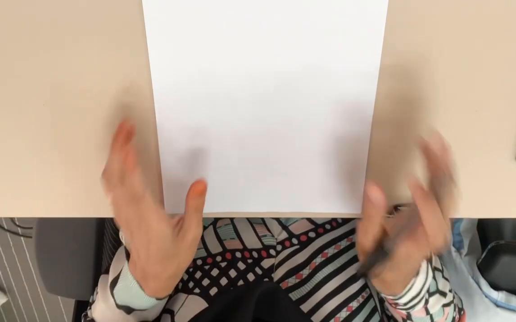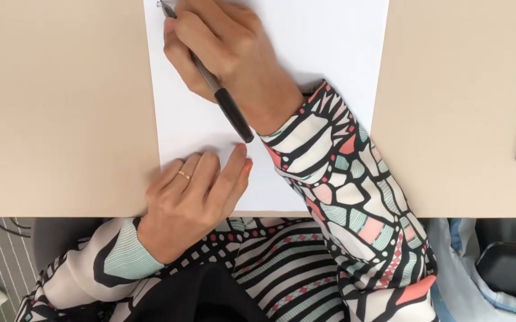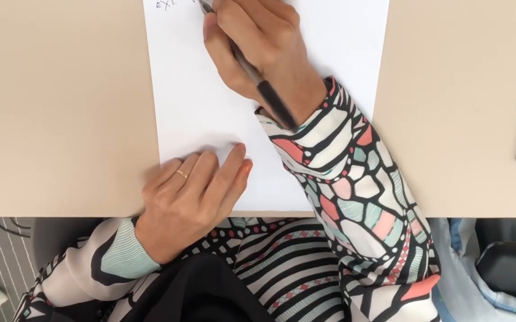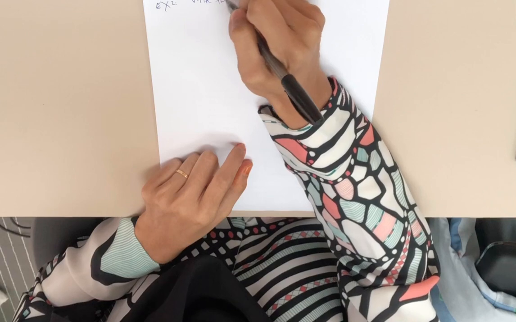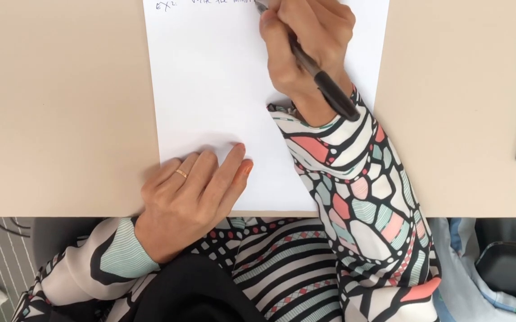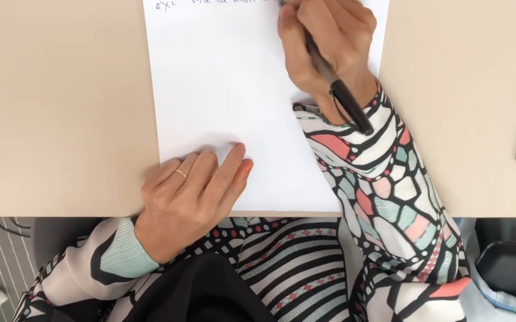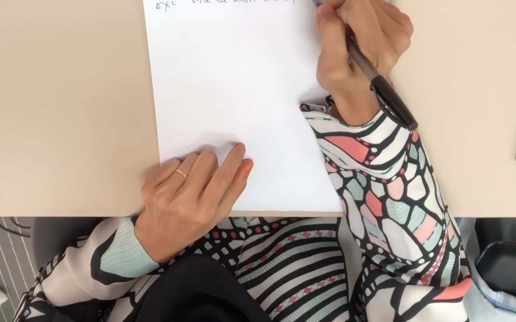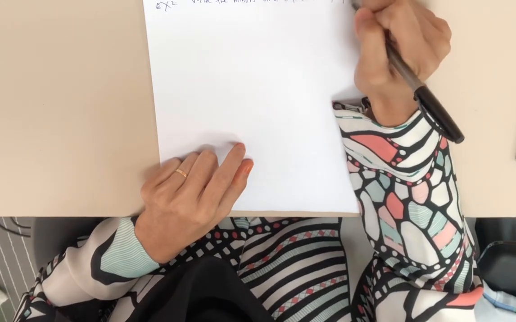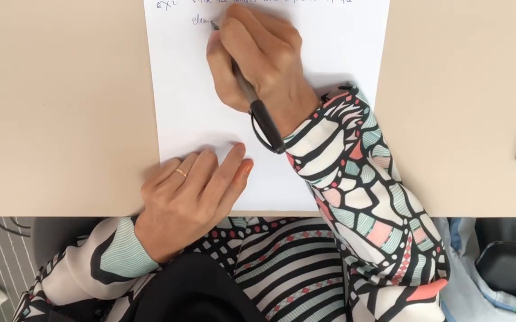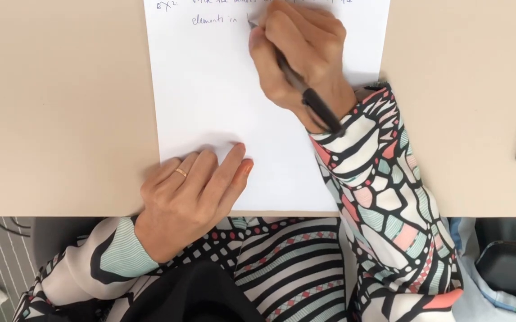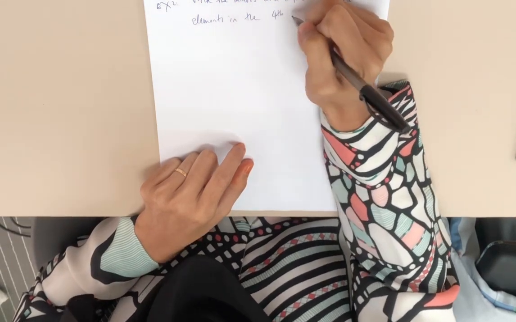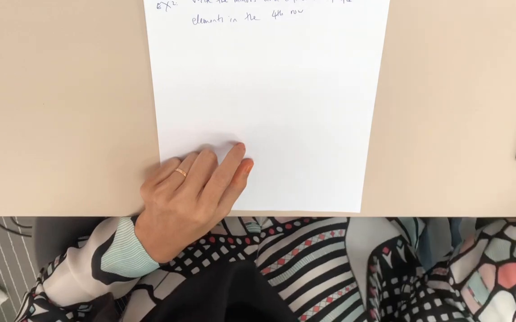Let me show you another example. Write the minors and cofactors of the elements in the fourth row.